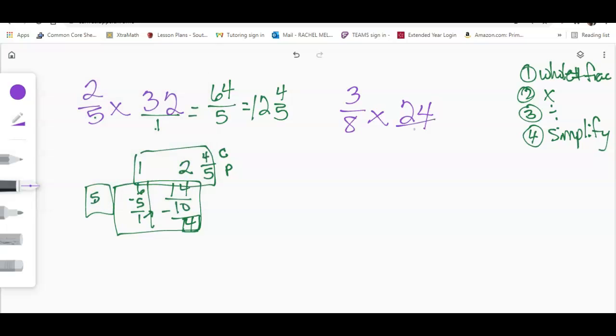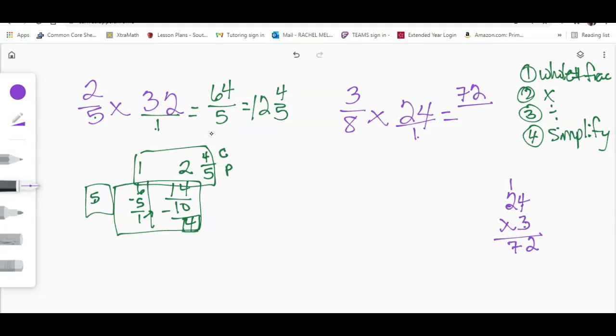So I change 24 into a fraction. First thing I need to do is 24 times 3. 3 times 4 is 12. 3 times 2 is 6, plus 1 is 7. So my numerator is 72.